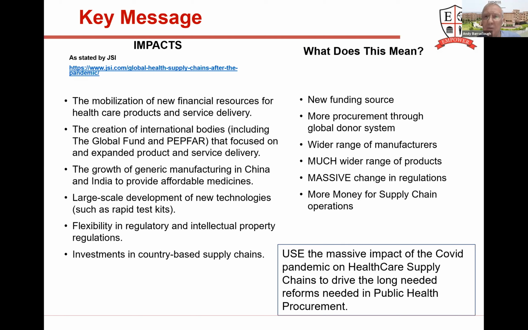We're going to have to work with a much wider range of manufacturers. We can't keep this narrow focus that we've had in the past. And there's going to be a massive change in regulations. And the good news is there's likely to be a lot more money for supply chain operations. So my key message here is let's try to use the impact that COVID has had on healthcare supply chain to drive major reforms in public health procurement.